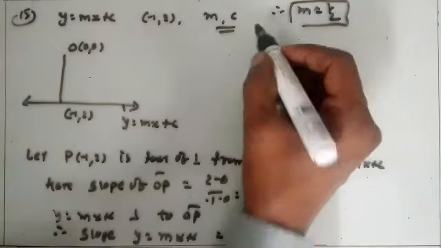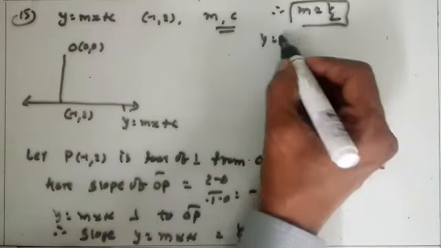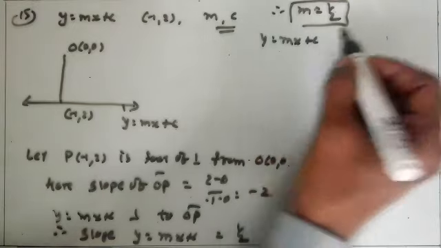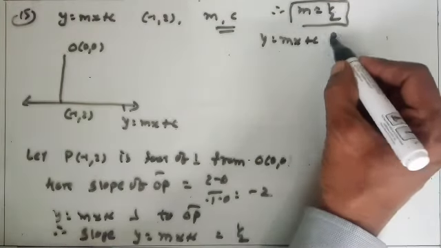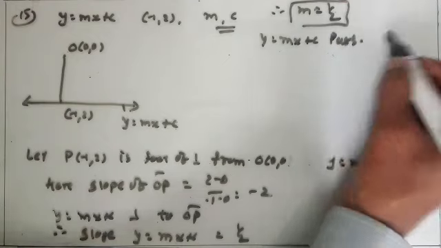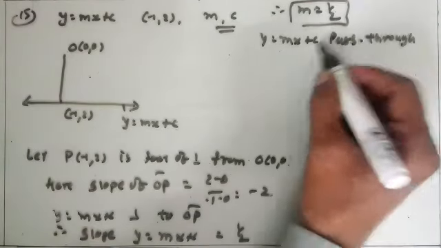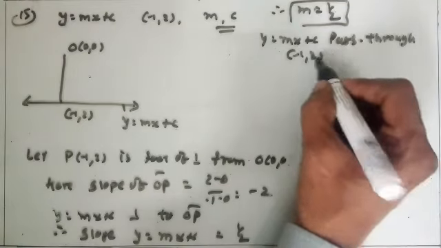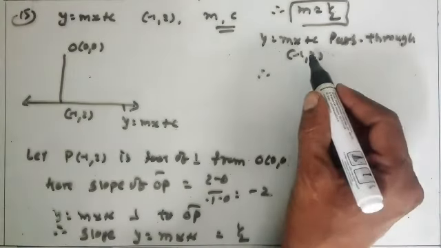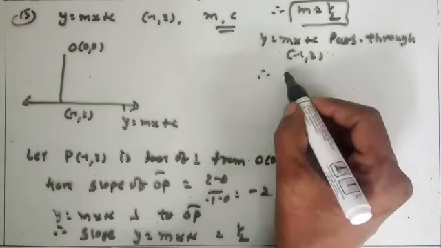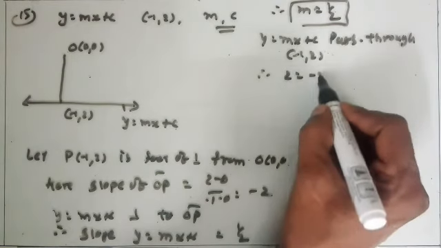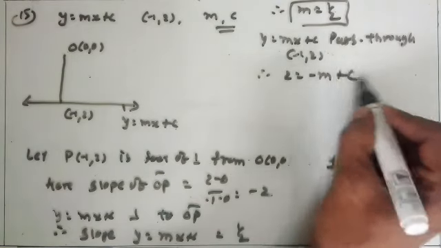Now y equals mx plus c passes through (-1, 2). Therefore replace x by -1 and y by 2, we get 2 equals -m plus c.